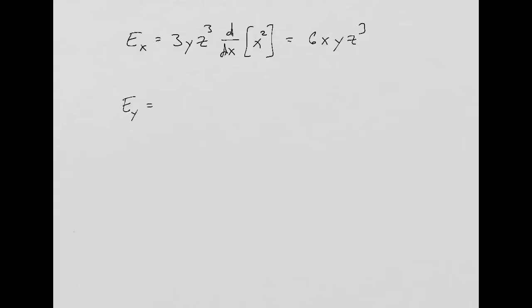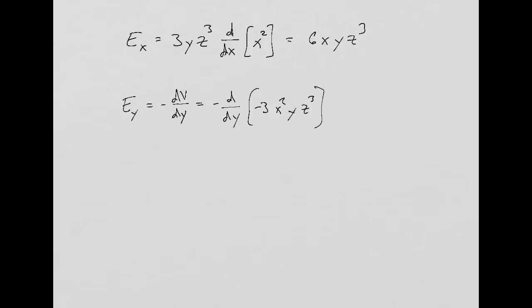Ey. To get the y component, it's just minus dV/dy. So we have minus d/dy of minus 3x squared y z cubed. Do the exact same thing.